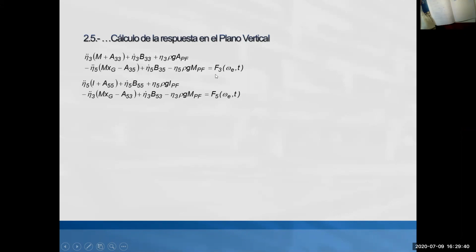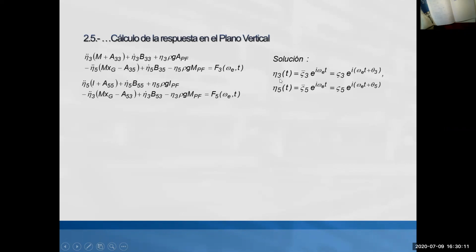And those terms which do not depend on eta 3 or eta 5, we put on to the right. Now, F3 and F5, these are the wave forces, which we have just explained how to calculate. Okay? What do we do next?